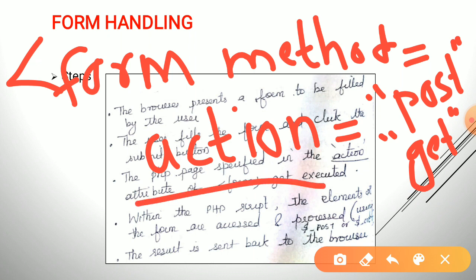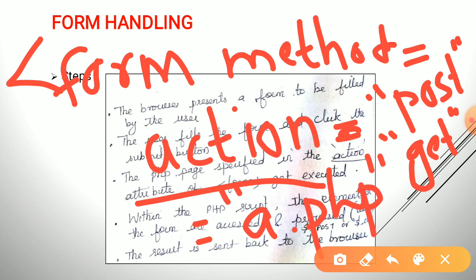Here we can provide action equal to the name of a PHP page. If action equals a file name, for example a.php, that means when we click the submit button, the form will be processed by the a.php script.